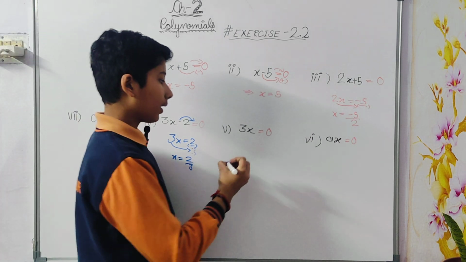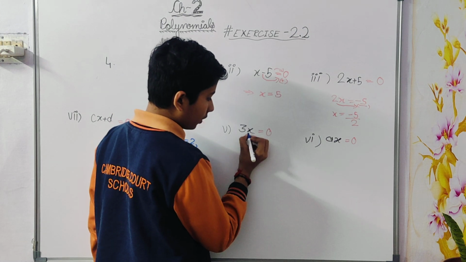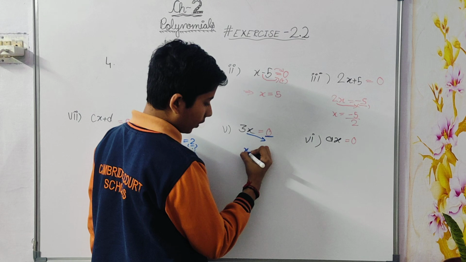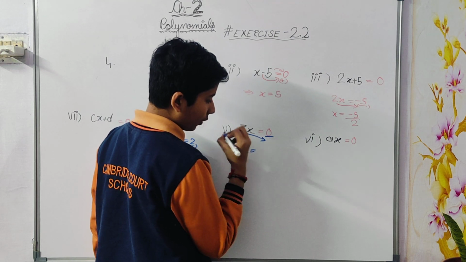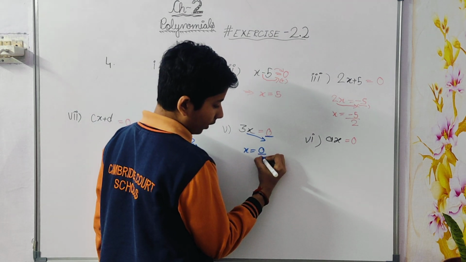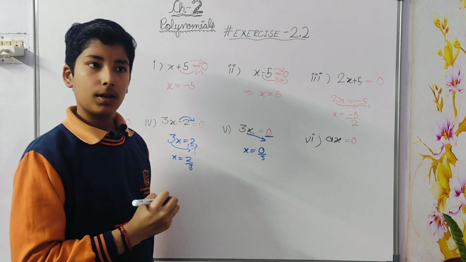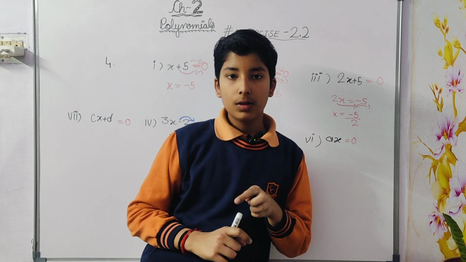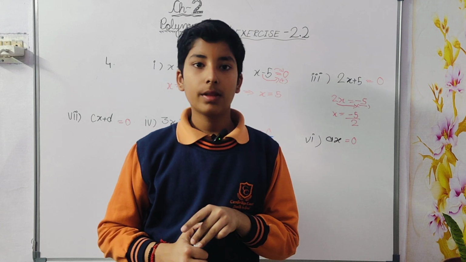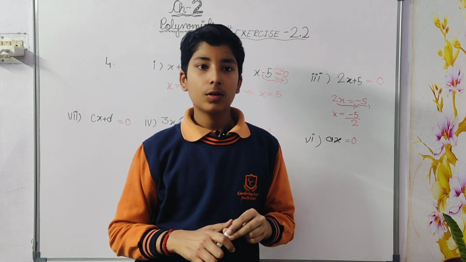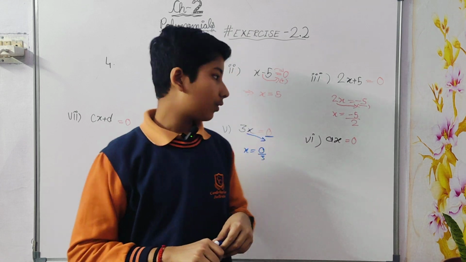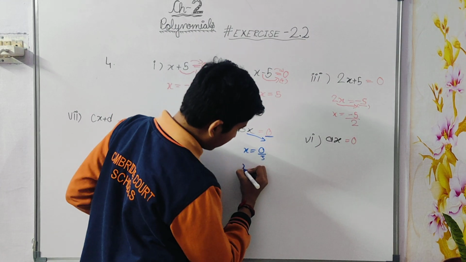Now 3x equals to 0. So this will go there. X will equal 0 upon 3. Yes, 0 upon 3. So what is 0 upon 3? In the table of 3, there is no 0, meaning 0 is not a multiple. To make 0 a multiple, you just have to multiply 3 by 0. So the answer will be 0.